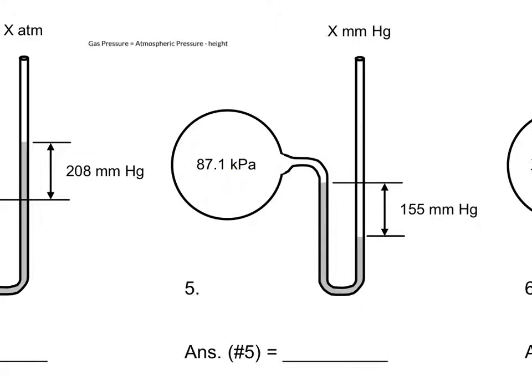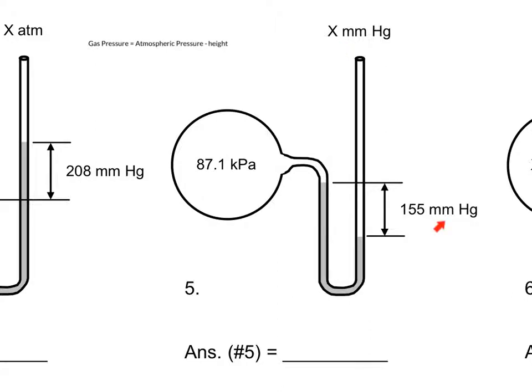This being the case, I am going to use the equation that describes this case, which means that I'm going to be subtracting the height of our mercury column from the atmospheric pressure in order to find the gas bulb pressure. So I have an equation, but I notice that I must use the unit millimeters of mercury for my final answer.